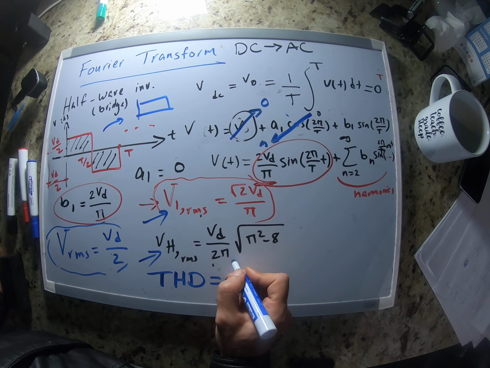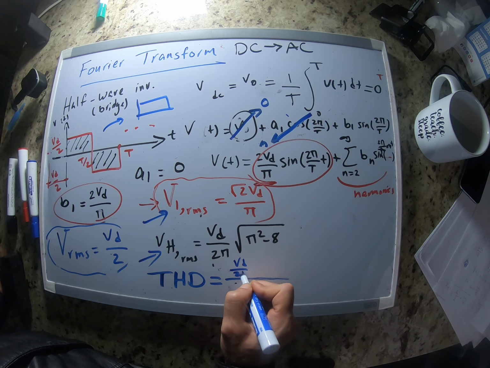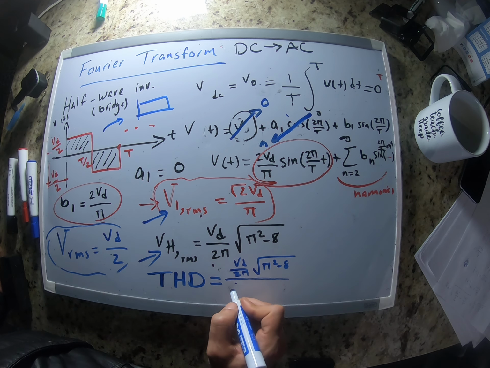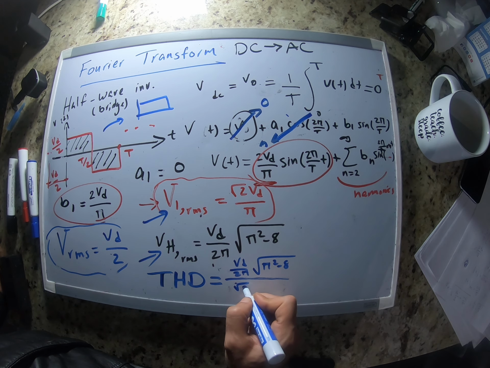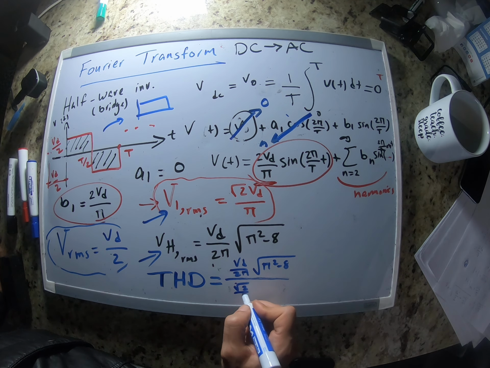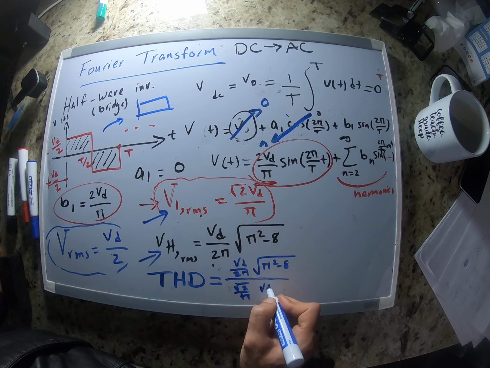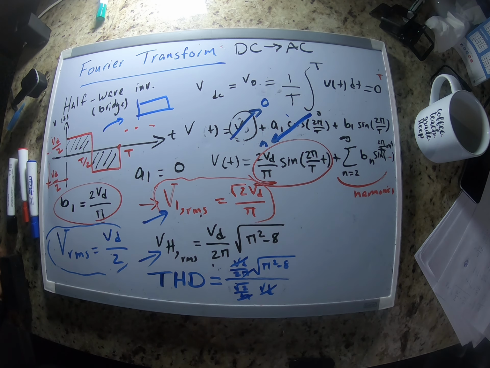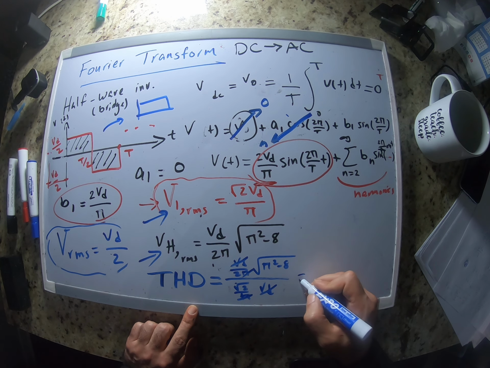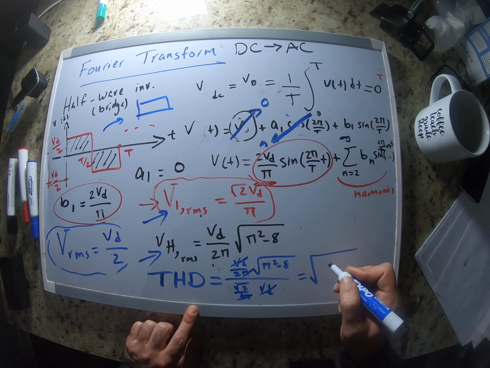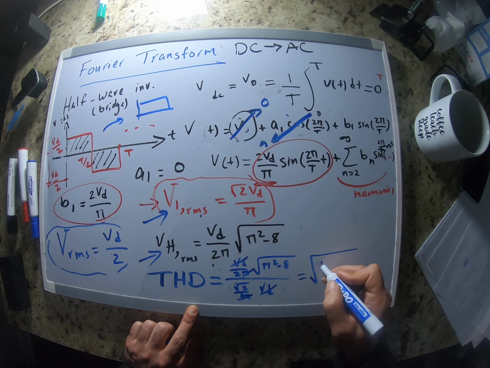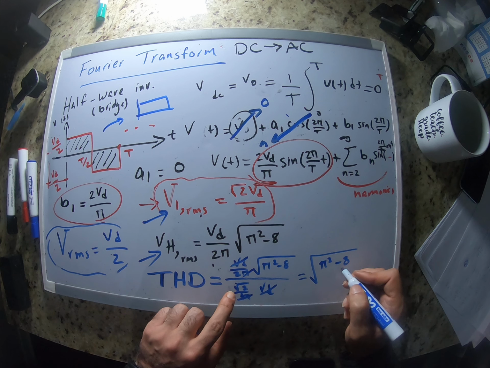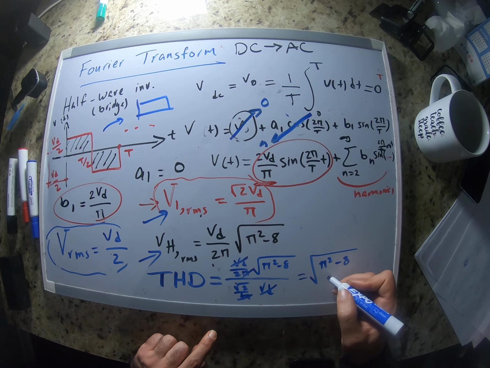It's going to be Vd over 2 pi root pi squared minus 8 divided by root 2 divided by pi times Vd. Vd's cancel out, pi cancel out, so it becomes root of pi squared minus 8. 2 root 2, if I take it inside, becomes 8.